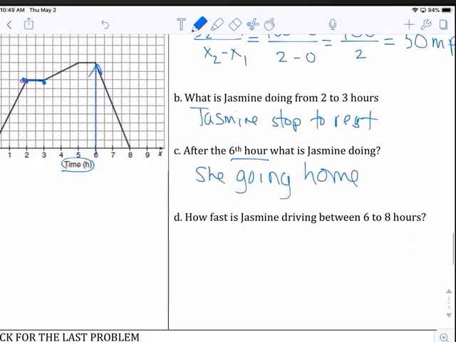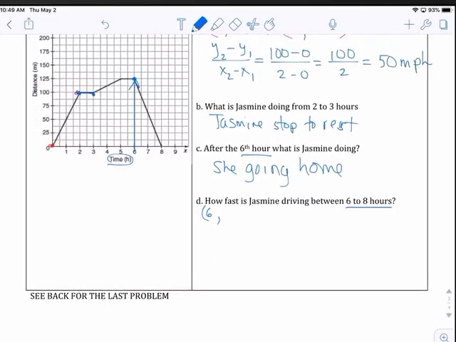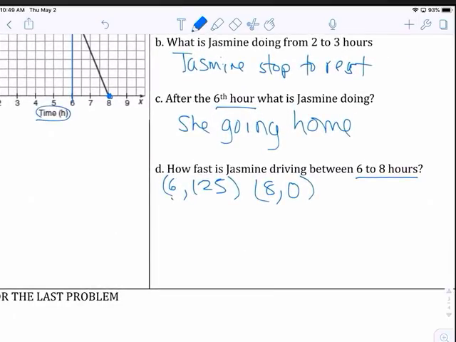How fast is she driving from 6 to 8 hours? Let's look at 6 hours. How far is she from home? 125. At 8 hours, how far is she from home? 0, she is at home. So x sub 1, y sub 1, x sub 2, y sub 2.